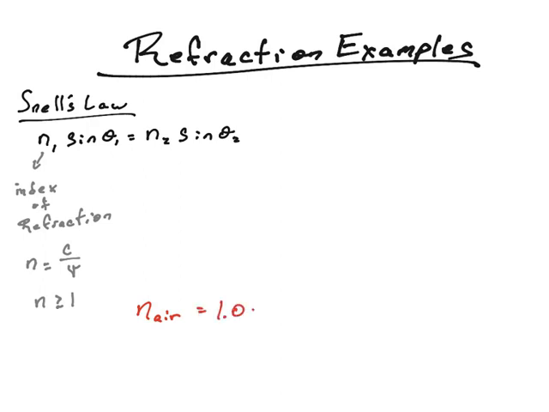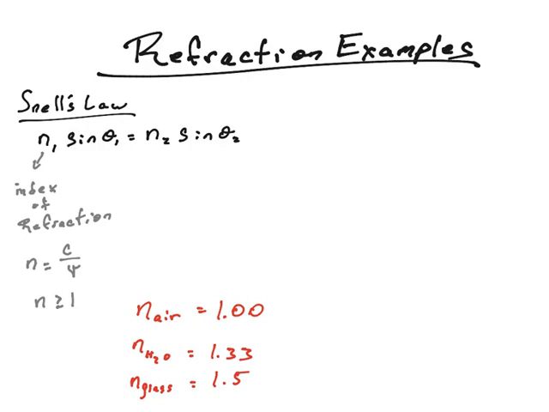That's 1.00, exactly 1, because we're going to assume that light travels at c, the speed of light, in air. So c over c is 1. Now in water, the index of refraction for water, we're going to use 1.33. And the other one we're going to use is glass. That's going to be 1.5.